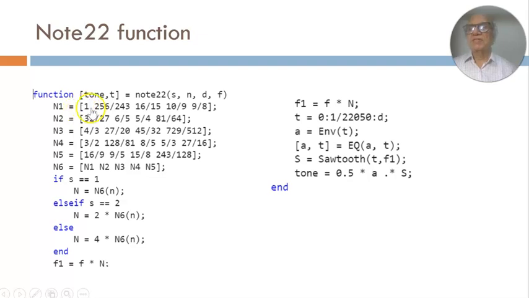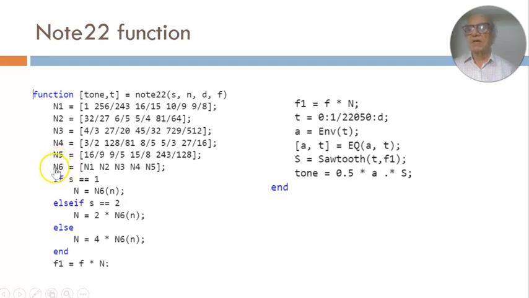We list all the ratios. Since there are 22 ratios and it is difficult to fit them into a single line, I have split them into a number of vectors and finally combined all the vectors to get the final vector of 22 Shrutis. So that is your N6.